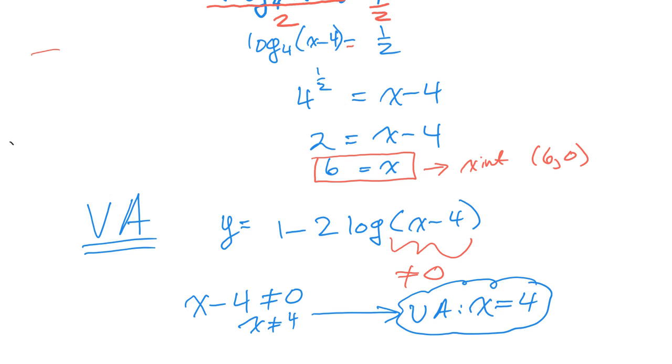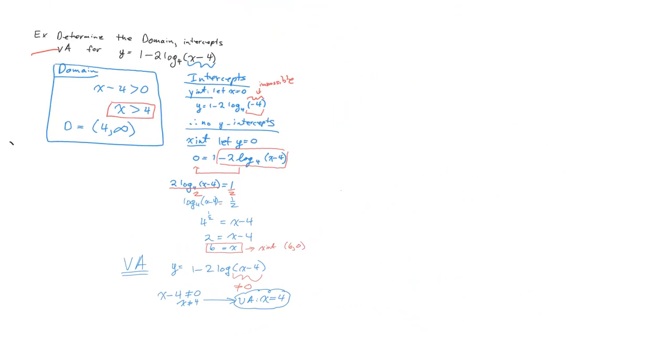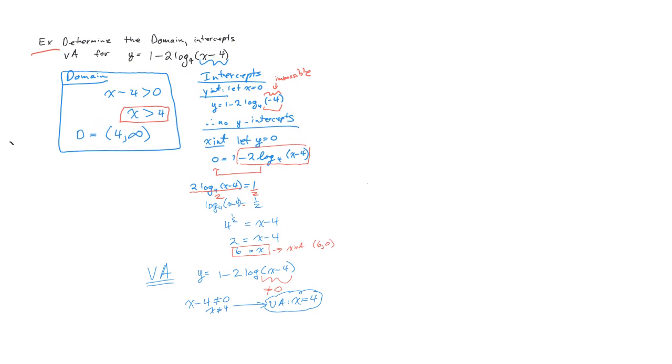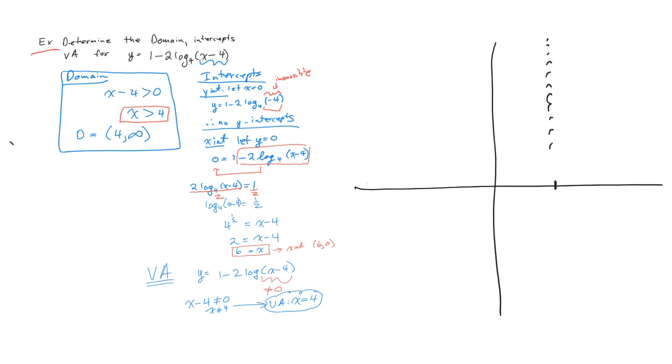Now, if we went and graphed this, let's look at the overall picture of what we have here. I'm just going to zoom back out and look at all the information that we have. Right now we have the domain is x being bigger than 4. So if I graph this, the first thing you do is find x is 4, and then draw a vertical asymptote and identify that as x is equal to 4.